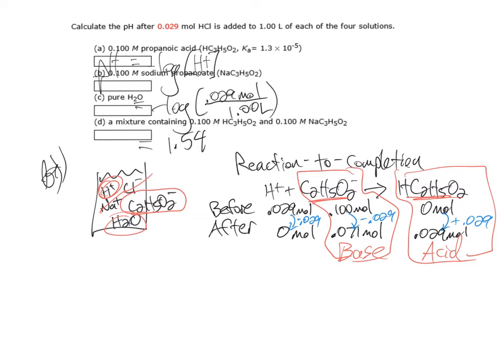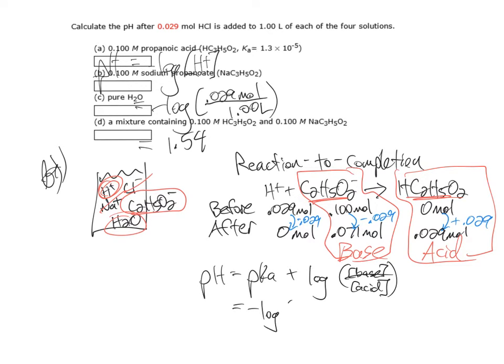If you have at least some acid and some base, we can write the Henderson-Hasselbalch equation and find the pH very quickly. pH equals pKa plus the log of the ratio of base concentration over acid concentration. The Ka value they gave us is 1.3 times 10 to the negative fifth.